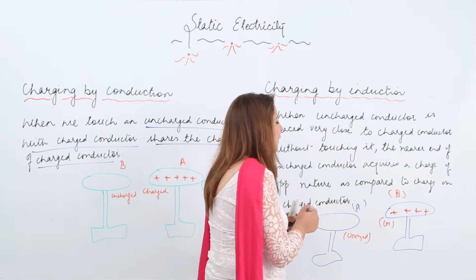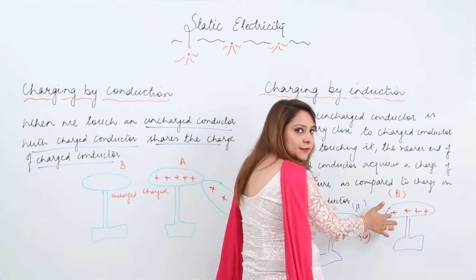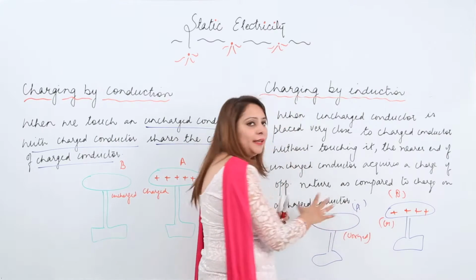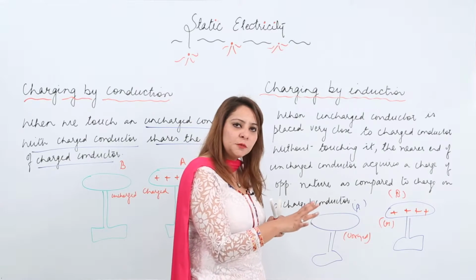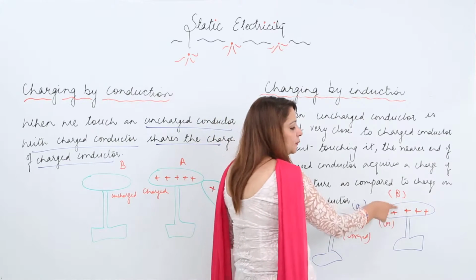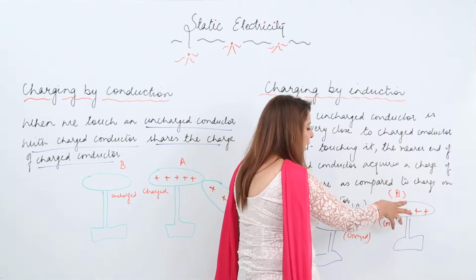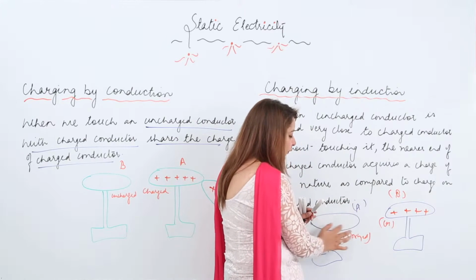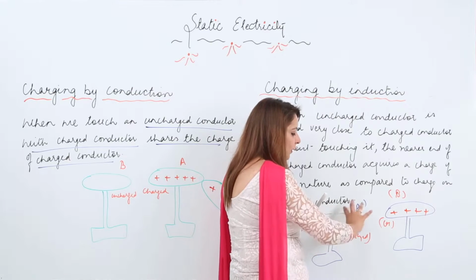Then what happened? This charge is positive, and we know the body also contains atoms containing protons and electrons, many atoms which contain positive and negative charge. Because this is a positive charge, it is going to attract the electrons present in this uncharged body towards itself.